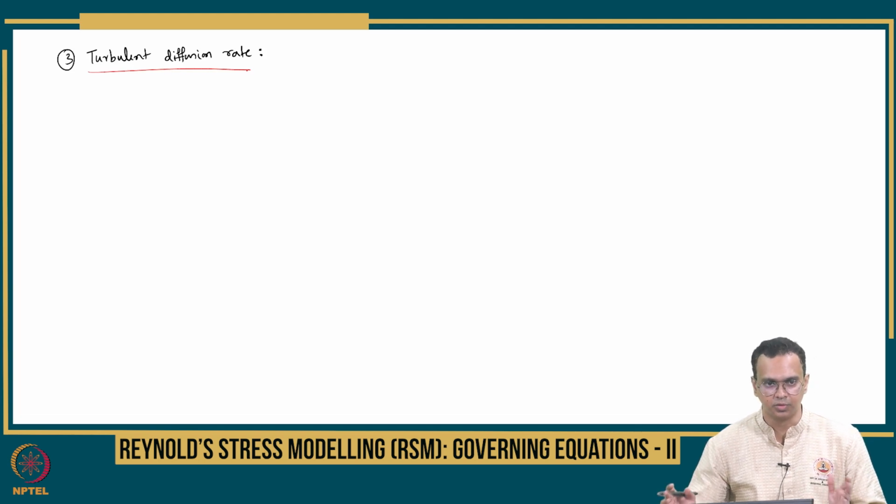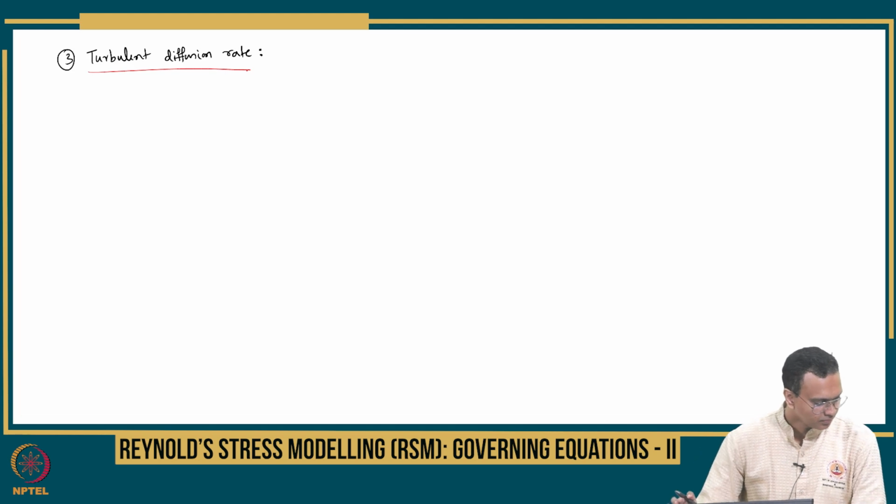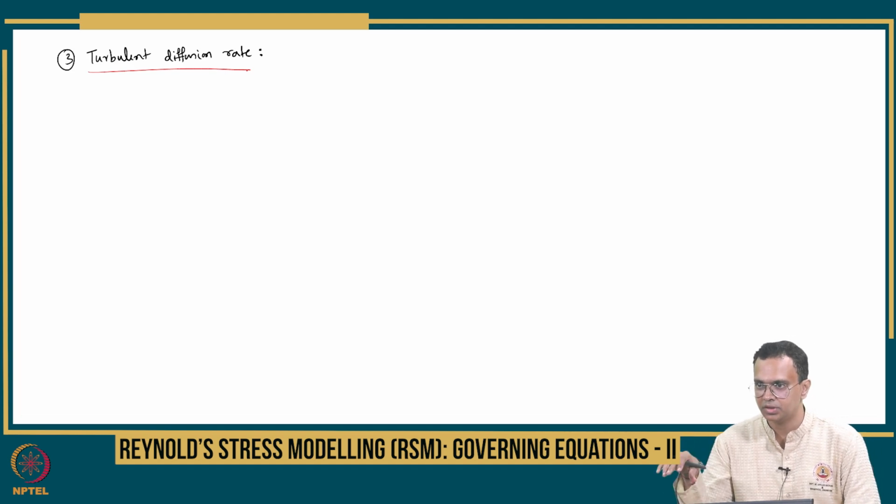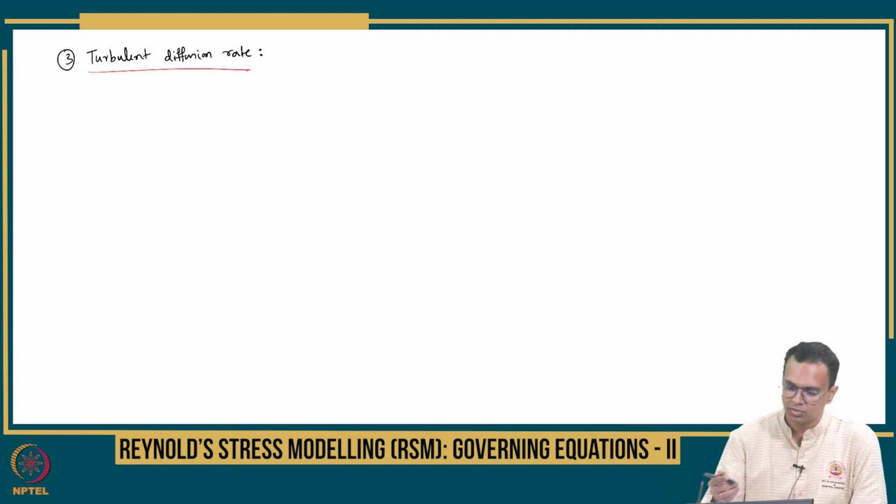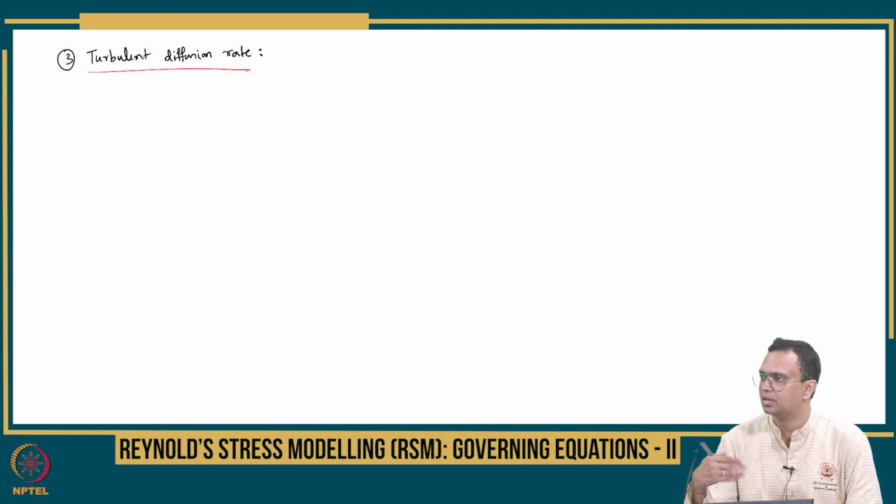So the turbulent diffusion rate is very important. If you recall how we modeled the turbulent diffusion rate term for the K equation, we used what is called the gradient diffusion hypothesis, analogous to Fourier's law of conduction. We are going to use that, but we will see that there is slightly a different option here. We can fall back to the original option, or we can make it a little better.